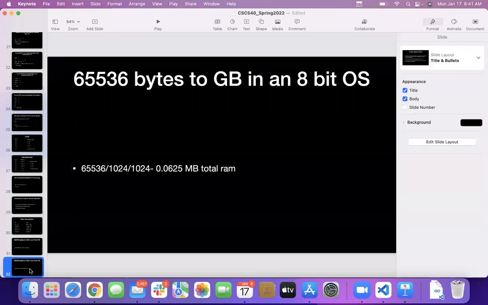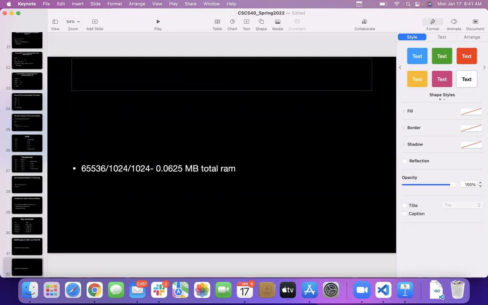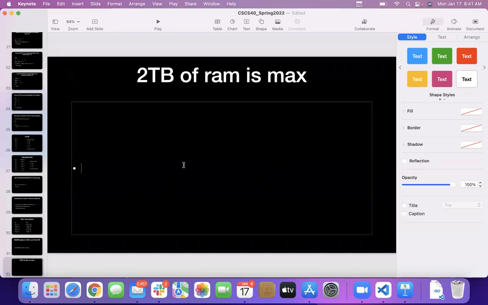Okay. So how can we store more memory? Let's work backwards here. Rather than do this, why don't we say this? In a computer today, we might say 2 terabytes of RAM is kind of our max for most of our hardware. So for 2 terabytes of memory, we need to decide how much total memory can be addressed by hexadecimal.